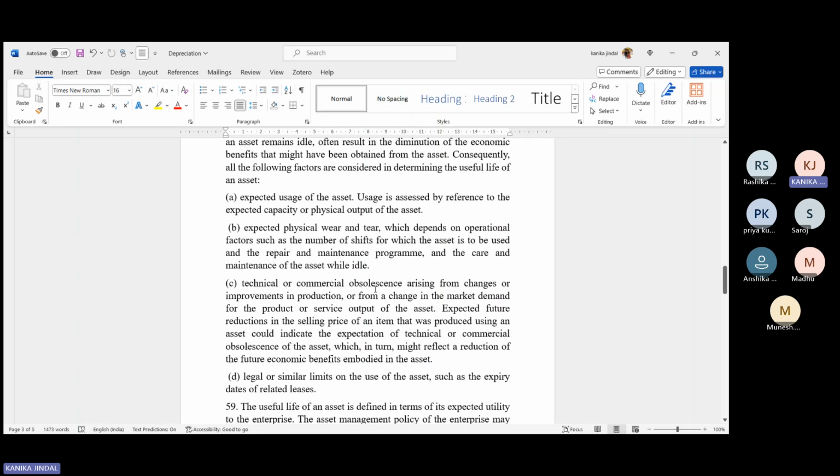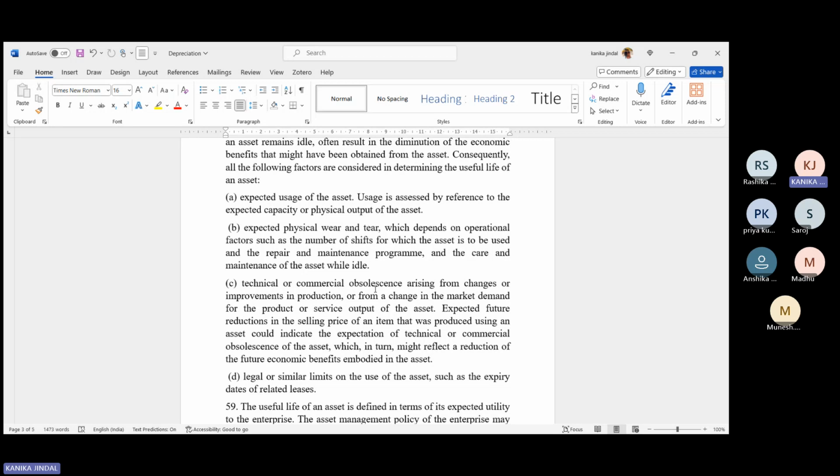Third factor which is considered in determining the useful life of an asset is technical or commercial obsolescence arising from changes or improvement in production. So there can be cases when the technology becomes obsolete because new technology has entered the market.